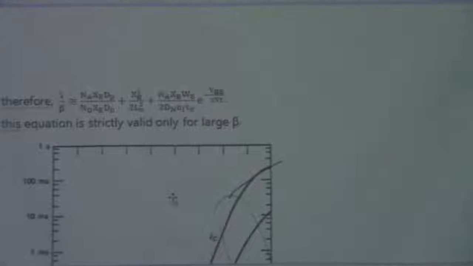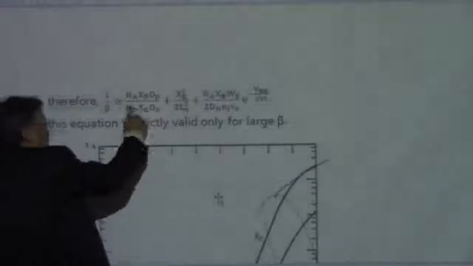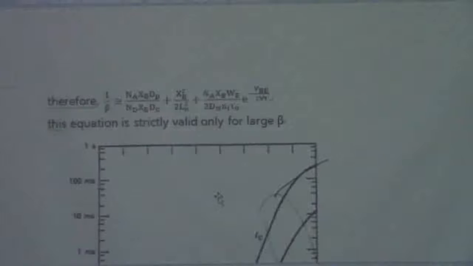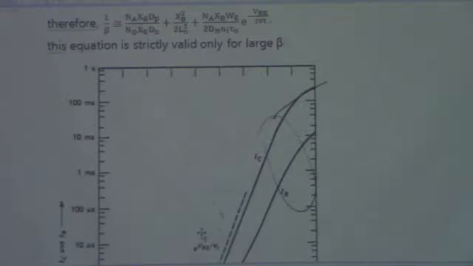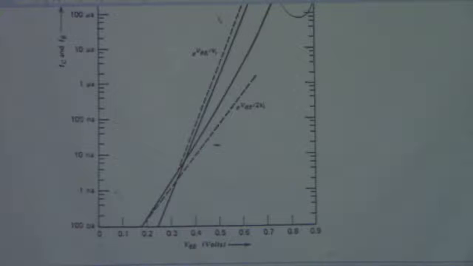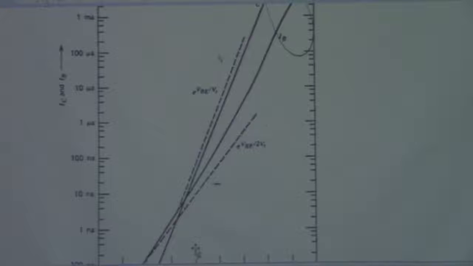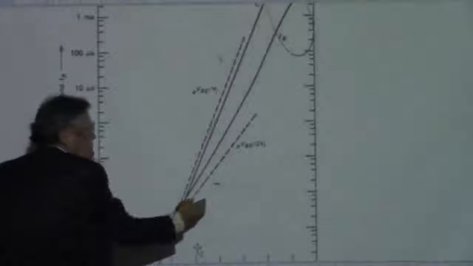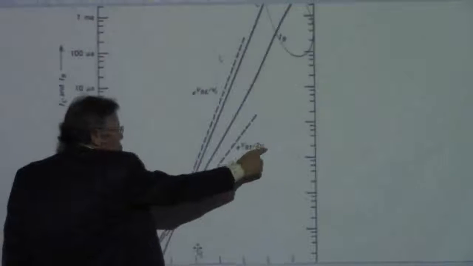And all those corresponding terms can be expressed in these equations, and the total equation is going to be like that. And if you plot the collector current and the base current with respect to the emitter base voltage, now you are going to have a slope corresponding to this and the term here too.